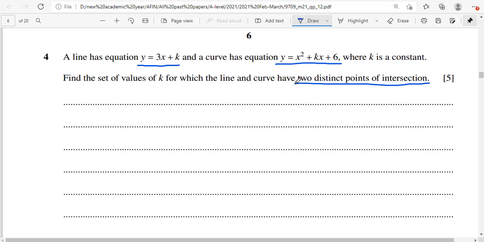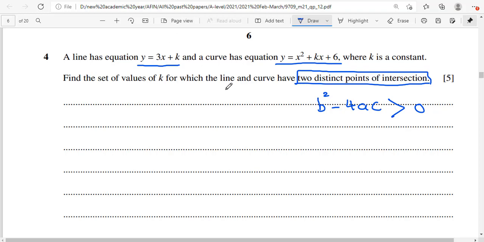So whenever you see this expression, two distinct points, you straight away think about b squared minus 4ac greater than 0.